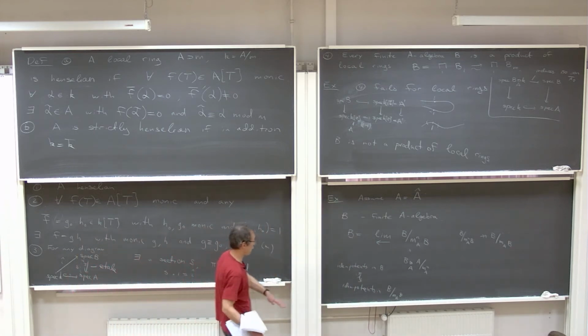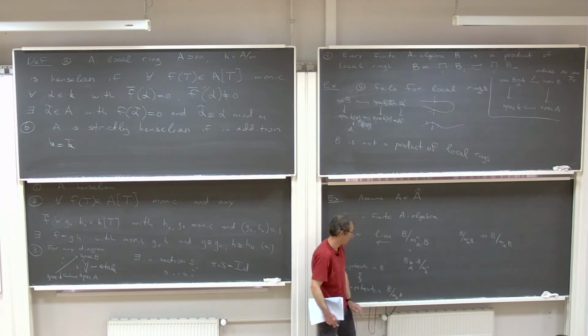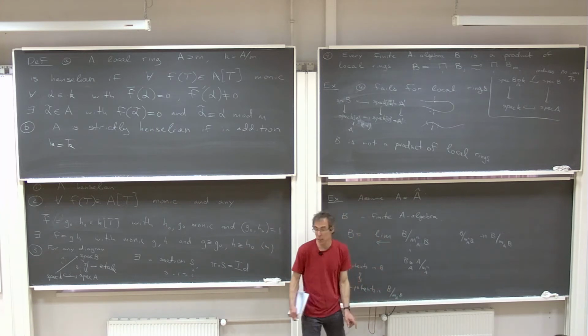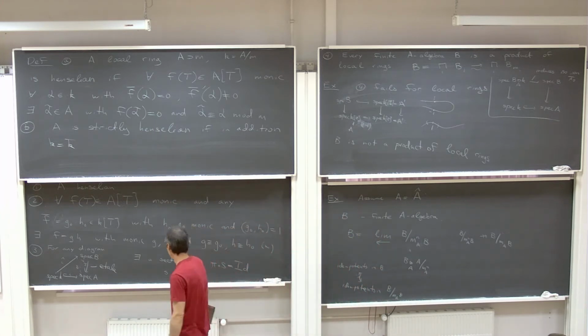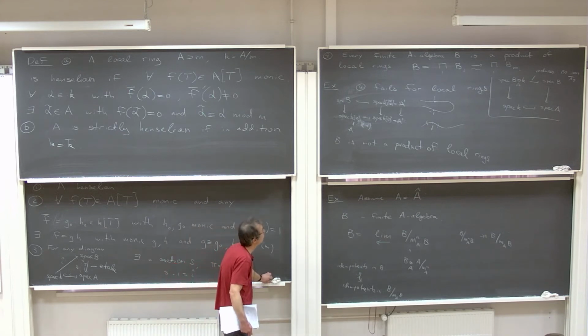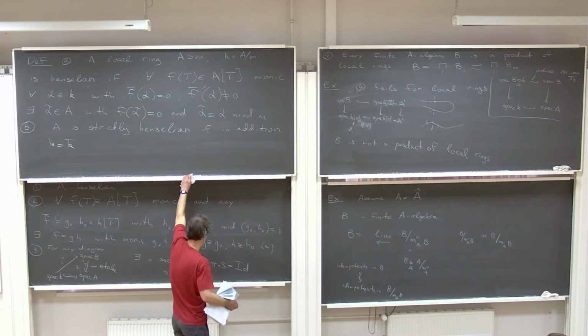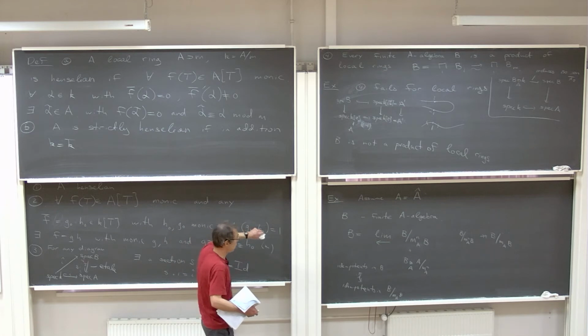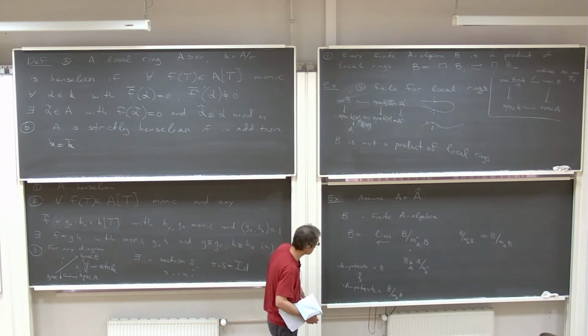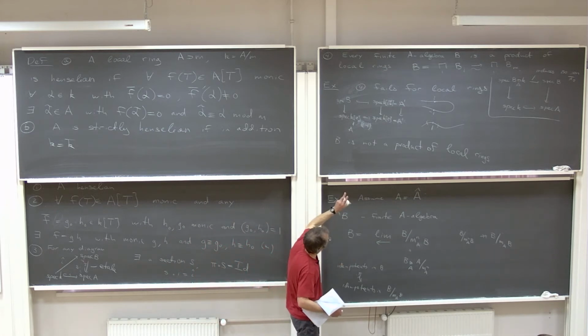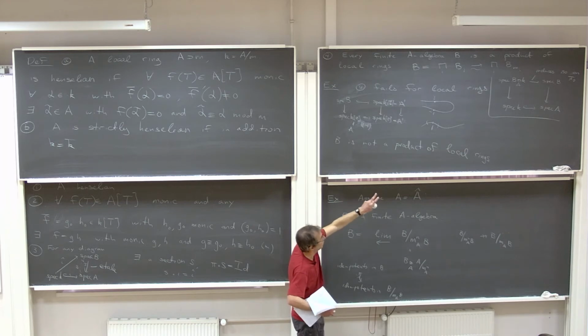So once we have a factorization of this, we get a factorization of B. So now let's... Henselian rings, they kind of lie in between local rings, which don't have this nice property, and complete rings.